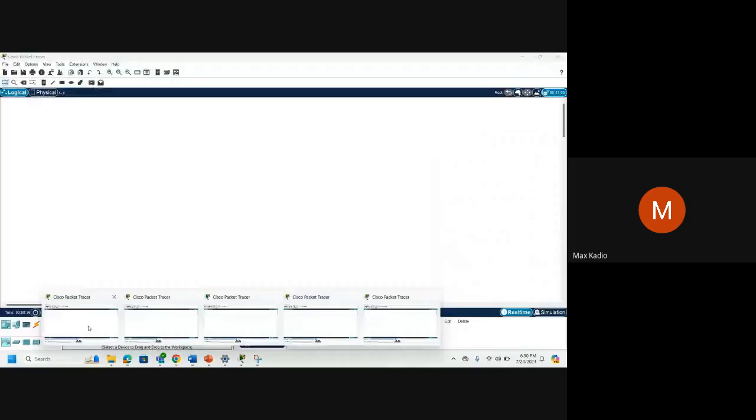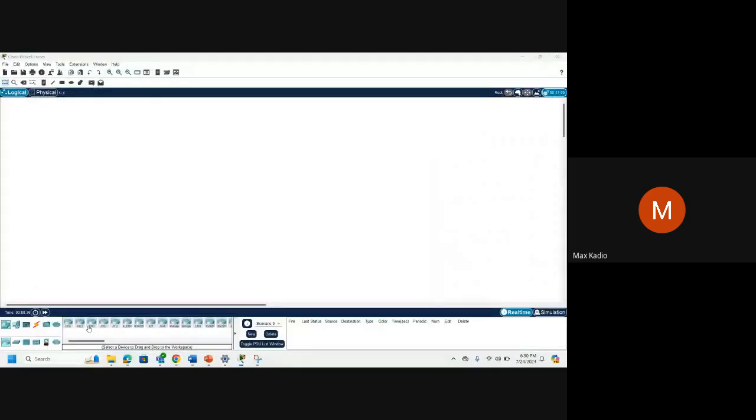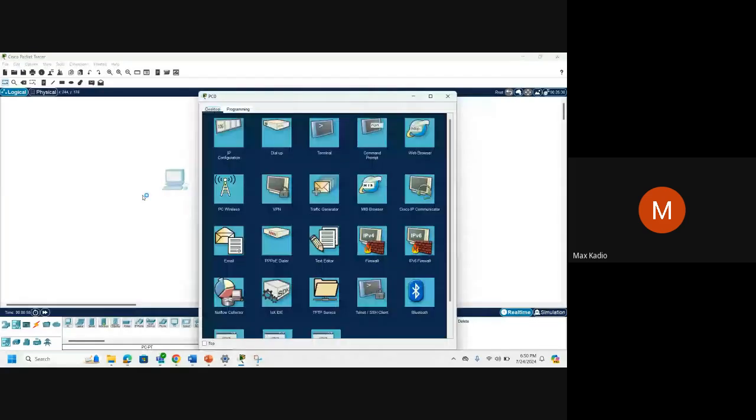Okay, Packet Tracer is now open. So if I take a PC, this is a PC, I can zoom in. I open it. I go to IP configuration.